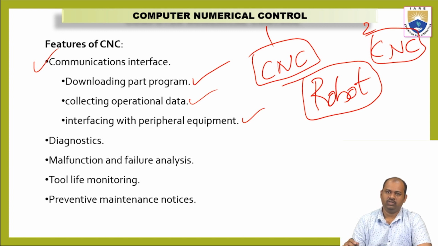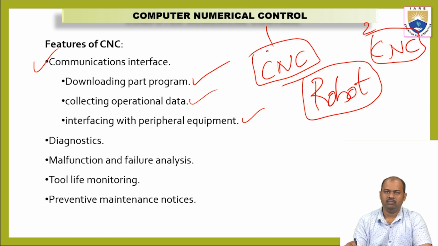For this, what do I need? Interfacing with the peripheral equipment simply indicates that CNC machine 1 should indicate to the robot that the manufacturing process has been completed. Now you can take this object or workpiece from CNC machine 1 and take it anywhere.